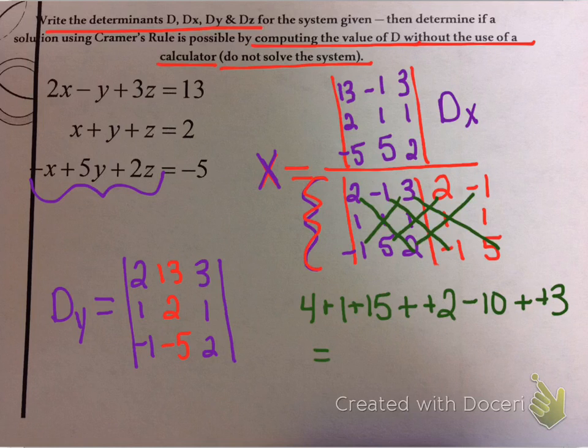And when I add all that up, and I do 4 plus 1 plus 15 plus 2 minus 10 plus 3, I end up with a determinant of 15. And so that means that I know the denominator for all 3 fractions if I were to use Cramer's rule. And I also know that this system can actually be solved using Cramer's rule. Okay, but that's as far as the problem asks us to take it.